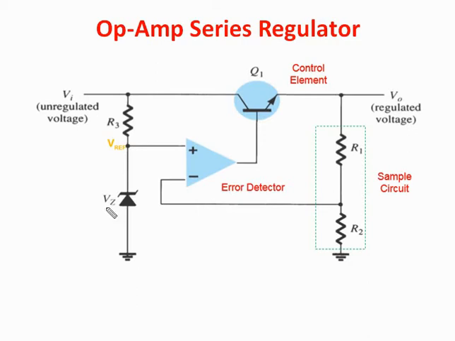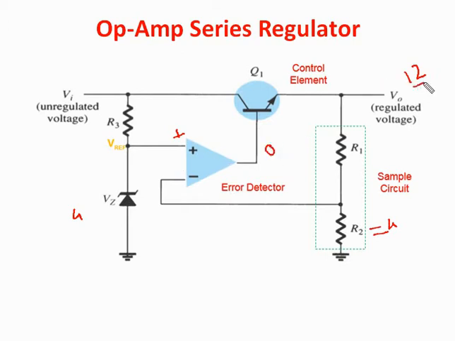Suppose this Zener diode's reverse breakdown voltage is 4 volt, so this input given to the op-amp is 4 volt. And suppose 12 volt output is required. This circuit is designed such that if the output voltage is 12 volt, here we get 4 volt, which is equal to the reference voltage of 4 volt, so we get no error signal.